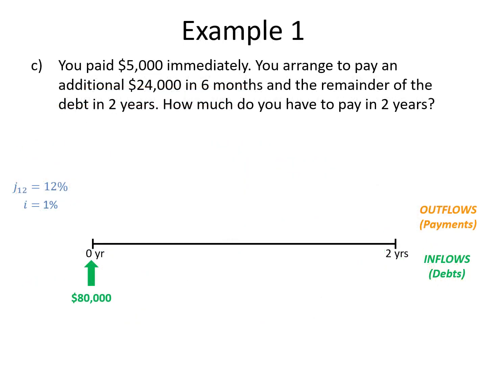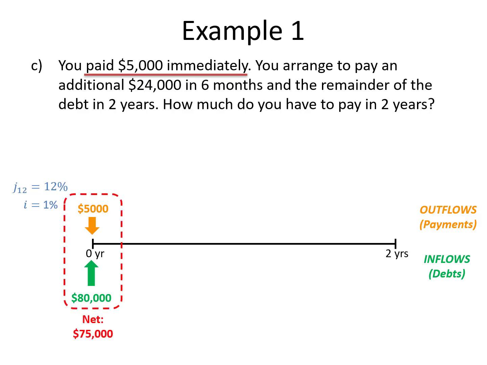Let's look at scenario C. So you paid $5,000 immediately, you arranged to pay an additional $24,000 in 6 months, and the remainder of the debt in 2 years. How much do you have to pay in 2 years? So $5,000 is immediately paid, and that leaves a net of $75,000 at point 0 on our timeline.